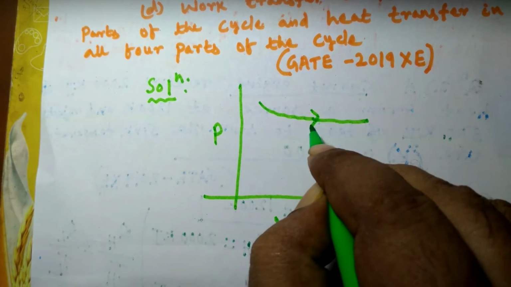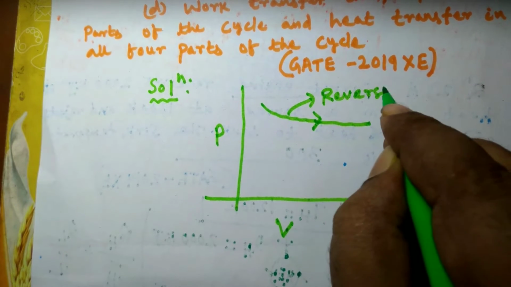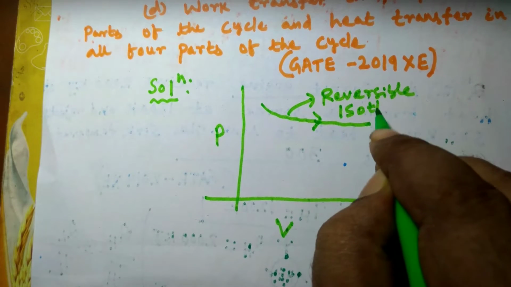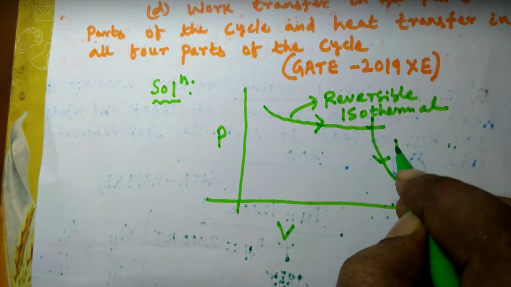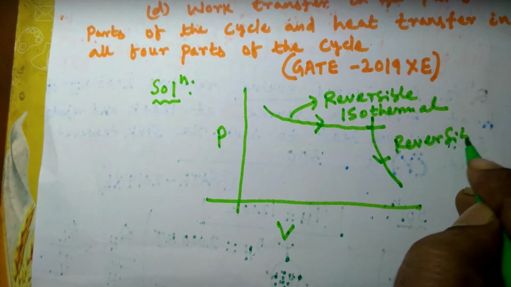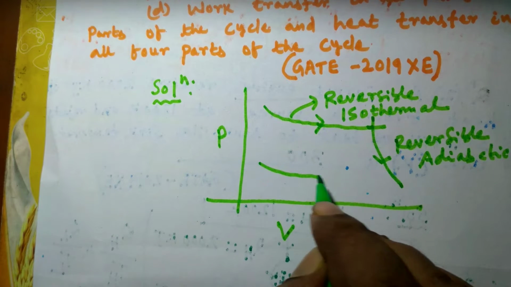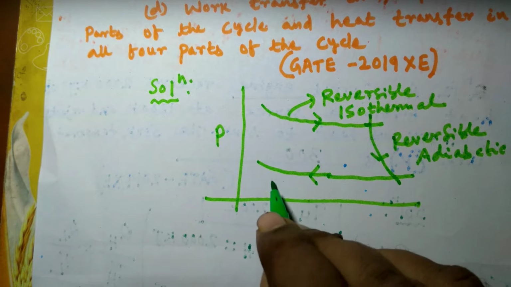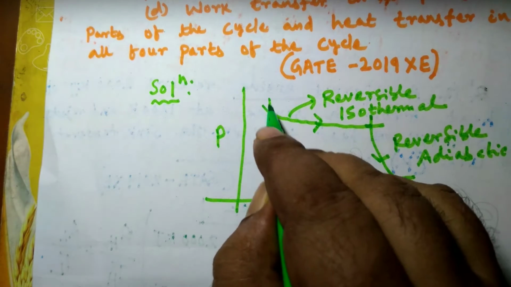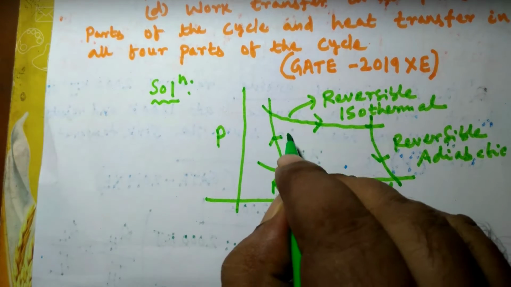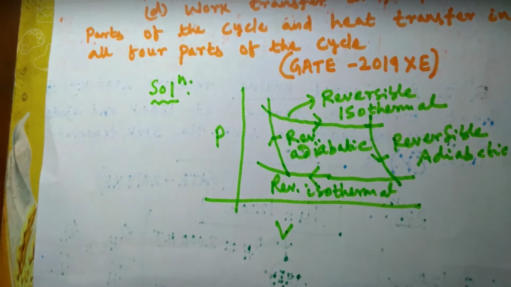The first process in the Carnot cycle is reversible isothermal, the second process is reversible adiabatic, then the third process is obviously the same reversible isothermal, and this one is the reversible adiabatic process.